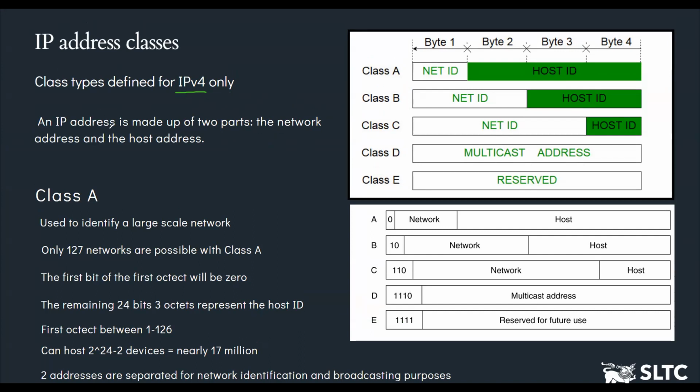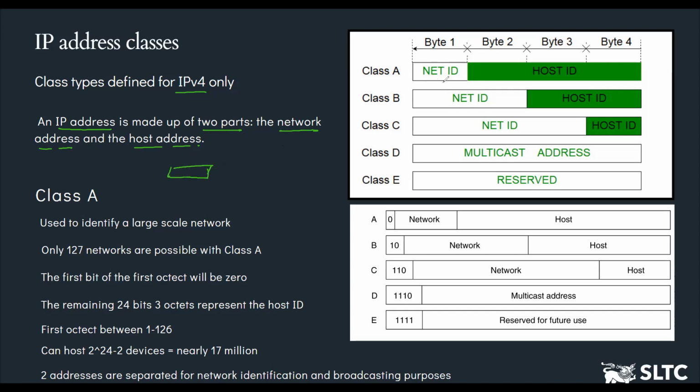An IP address is made up of two parts, the network address and the host address. In our IP addresses, we have a certain range allocated to define what network we are connected to.